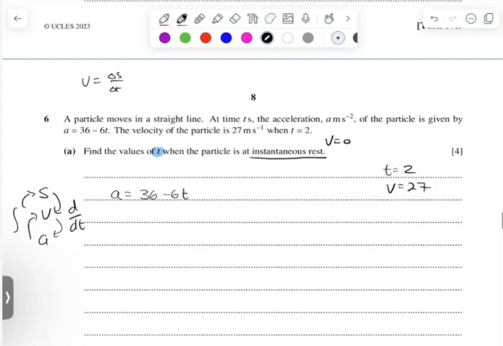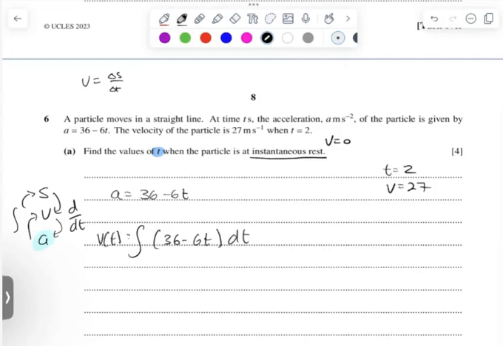Okay, so we need to know when this particle is at instantaneous rest. So we need to know when the velocity is equal to 0. We've got an acceleration equation, and we don't want acceleration, we want velocity, so we need to integrate. And we just want an equation for velocity.